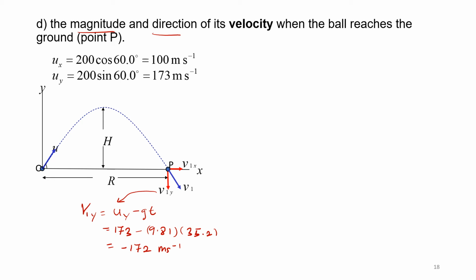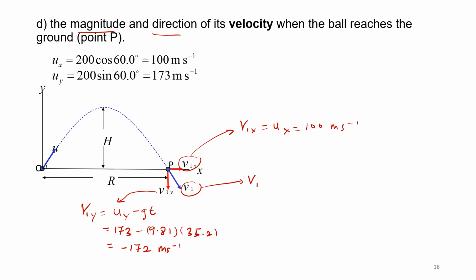And then we calculate V1X. V1X equals Ux equals 100 meter per second. Now we calculate V1.